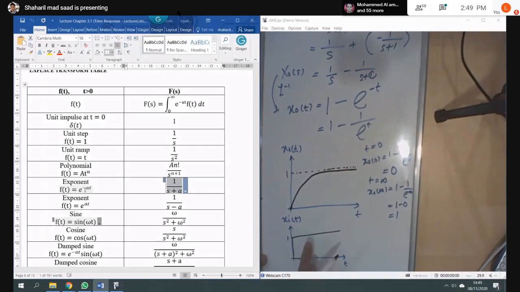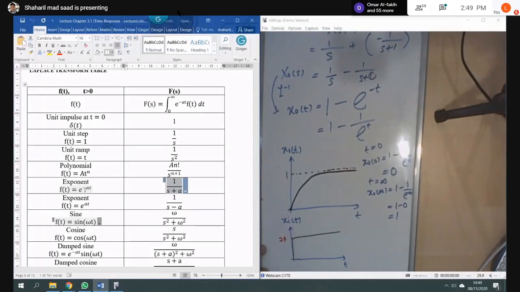Okay. So, in the real application, for example, let's say the air conditioning, we set it to 24 degrees. So this the final one, you should get 24 degrees. But how much time will it take to get 24 degrees?